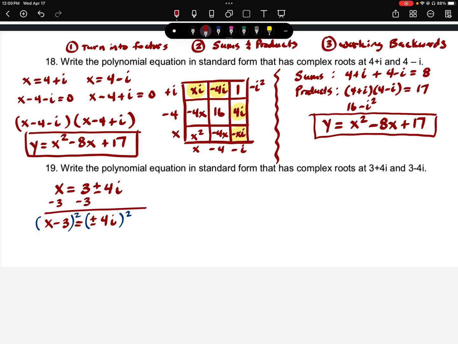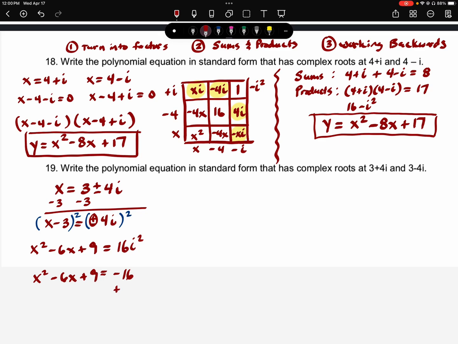We square the x minus 3, we're going to have x squared minus 6x plus 9. On the right side, it doesn't matter if it's positive or negative, those will end up both being positive when you square it. 4 times 4 is 16, and i times i is i squared. So this is going to end up equaling a negative 16.